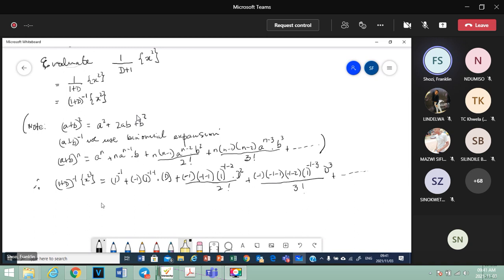If you simplify this, good people, it gives us 1 minus d plus d squared minus d cubed plus d to the power 4. Perhaps you can give me the next terms there. So in other words, 1 plus d to the power minus 1 gives us that.